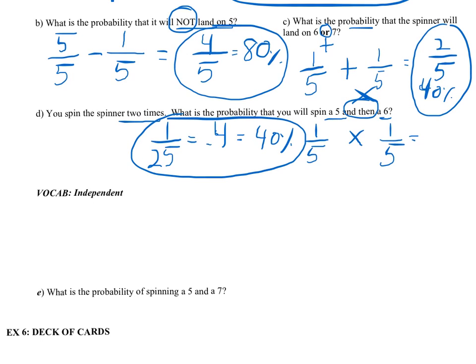Okay? Alright, let's go over this next vocab word, independent, and let's add events here. Independent events.